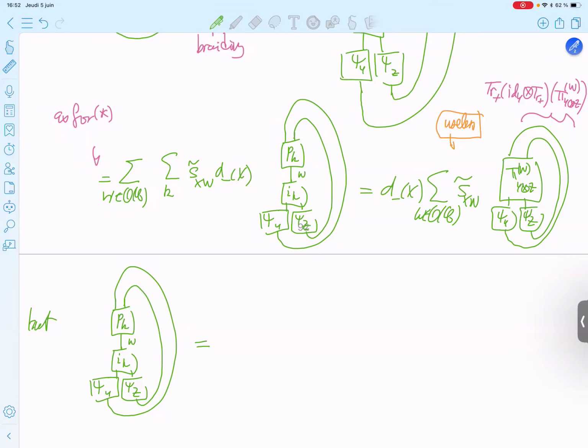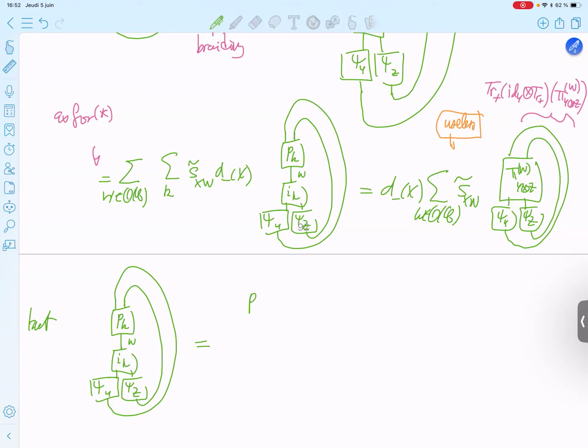Okay, so now we want to use this linear automorphism we mentioned before. So here you have the tensor product of these two natural transformations, these two isomorphisms. And we know we have also that, but there is a failure. It's not equal. So the failure is quantified by the linear automorphism we mentioned before. So we can reformulate this way.